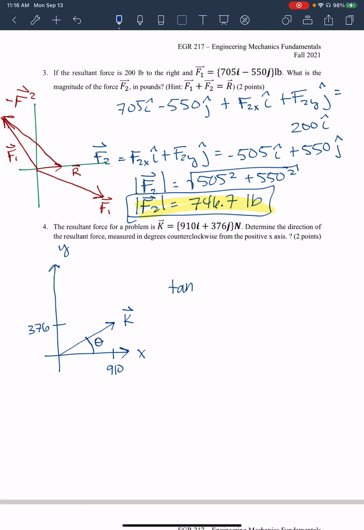Tangent of theta, with SOHCAHTOA, is opposite over adjacent, which would be 376 over 910. So theta equals the inverse tangent of 376 divided by 910. We get 22.4 degrees.